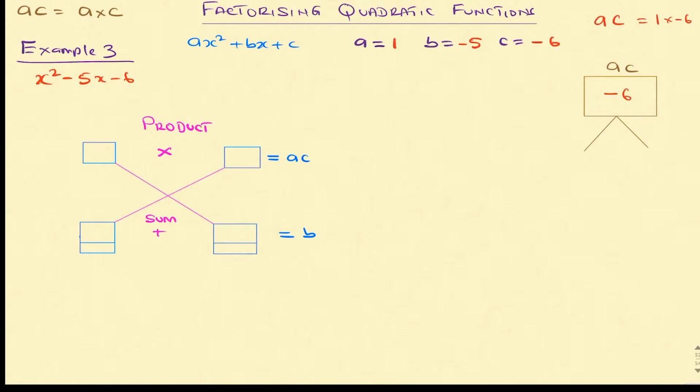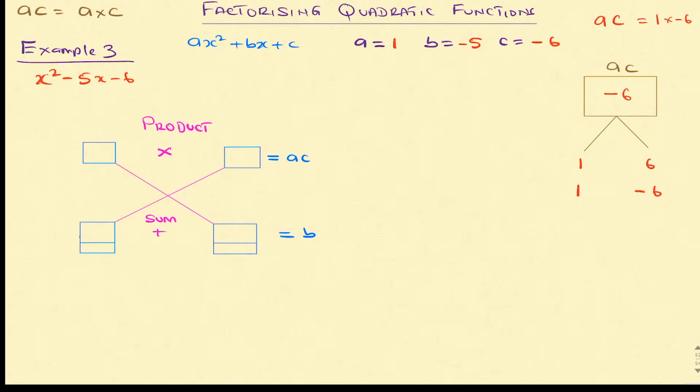Always start with 1 and 6. So we're looking for 1 times 6 is 6. 1 plus 6 is 7. So that wouldn't do. What about 1 and minus 6? 1 times minus 6 is minus 6. 1 plus minus 6 is minus 5.